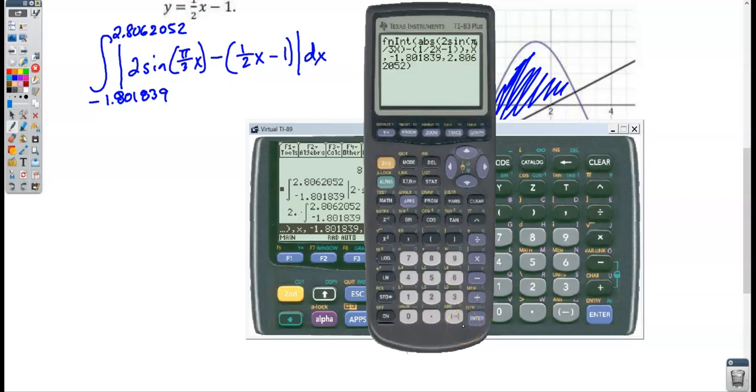And I'll hit enter and let that thing calculate, and hopefully it'll calculate it before I run out of time.